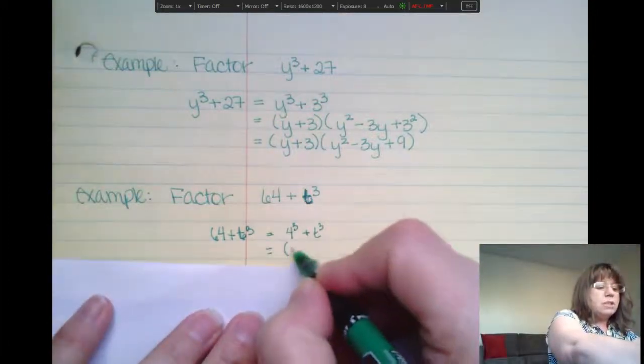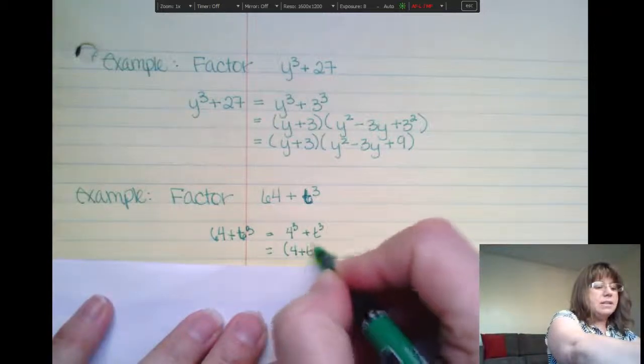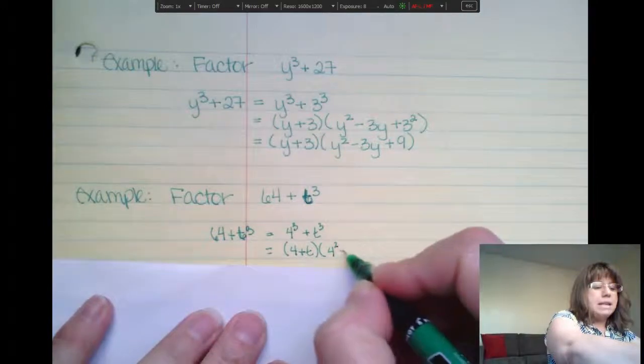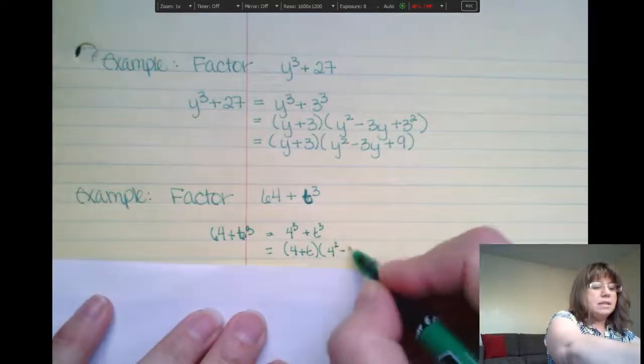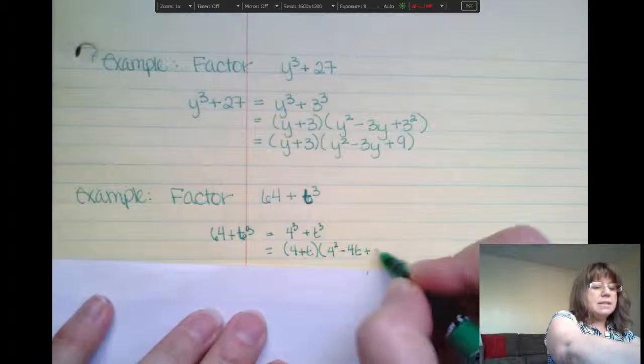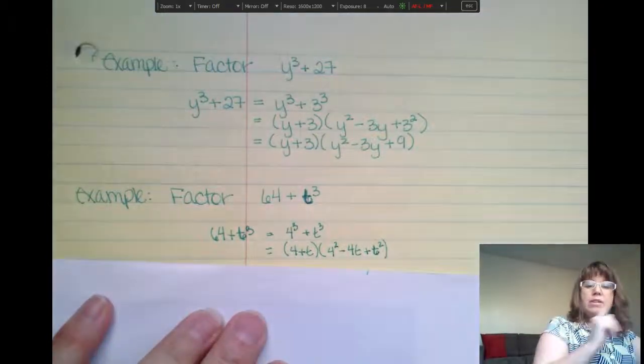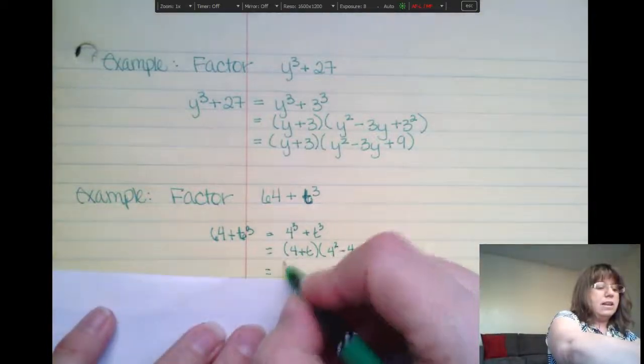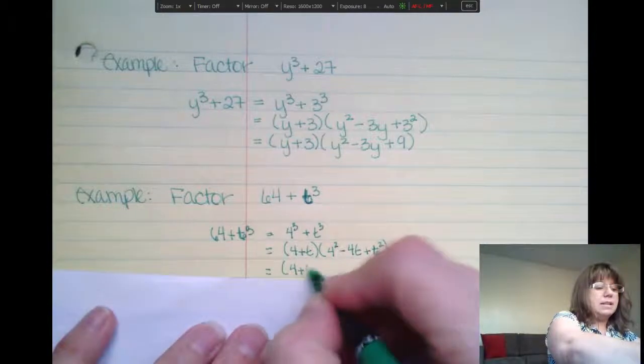So my first term is going to be 4 plus t, and my second term is going to be 4 squared minus 4 times t plus t squared. Now the only thing I need to do is that 4 squared. So my final answer is going to be 4 plus t.